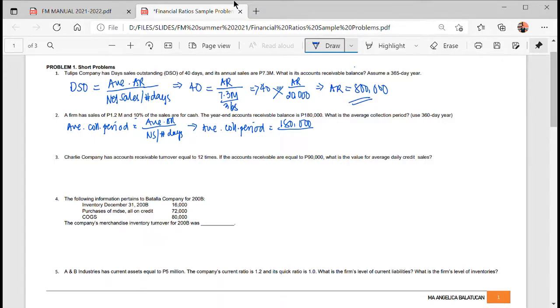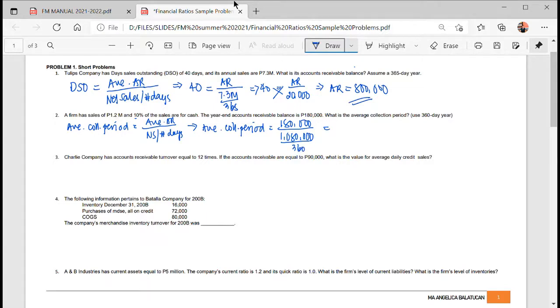So how much is our credit sales? The credit sales here would be 1,200,000 times 90%. Therefore, the credit sales is 1,080,000, divided by the number of days in a year.